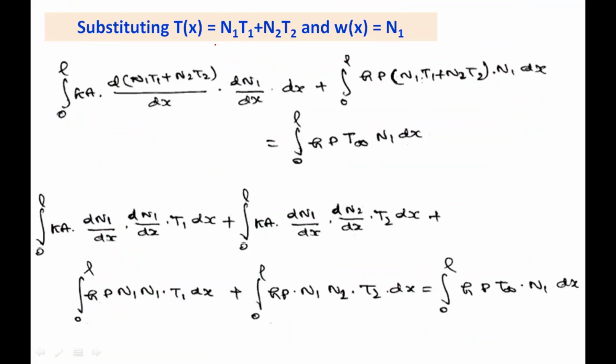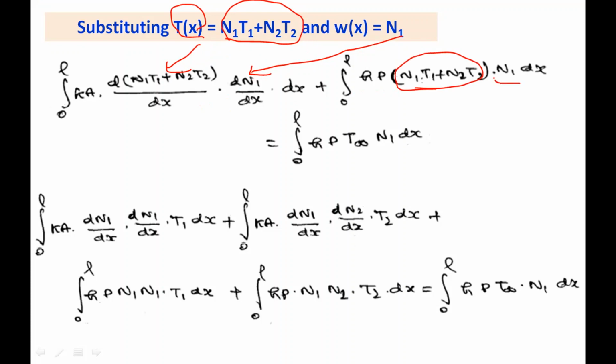First, we are going to substitute T of x is equal to N1 T1 plus N2 T2 here, and the weight function W is substituted as N1. So here W is replaced with N1. Since we have a plus sign, this integration will be split into two terms like this.